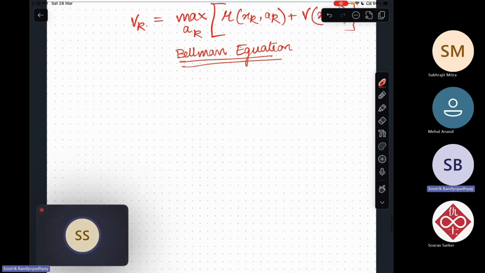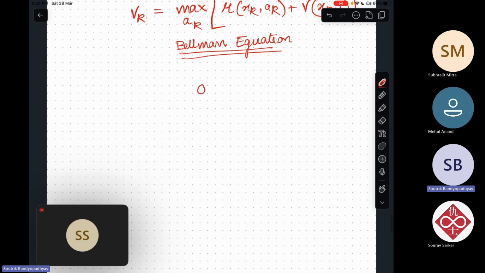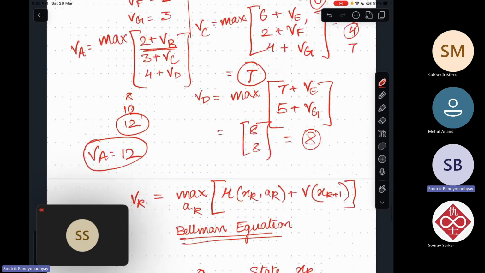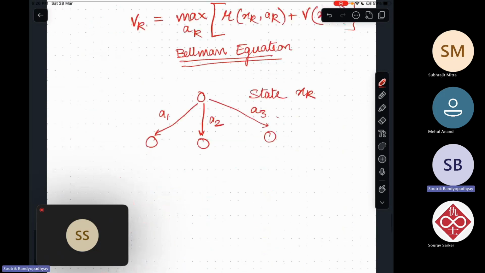Right. So this is known as the Bellman equation. Pictorially, if you have the current state xk, and you have, let's say, action 1, action 2, action 3, and the next state. So effectively, I'm looking at one particular node and the set of next nodes, right?